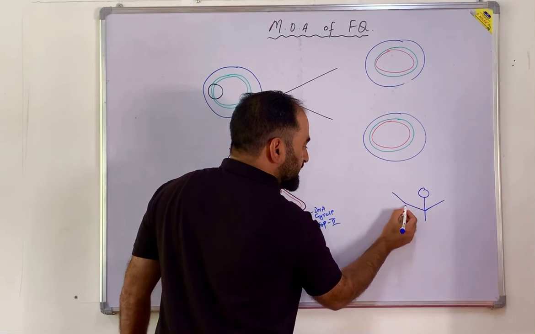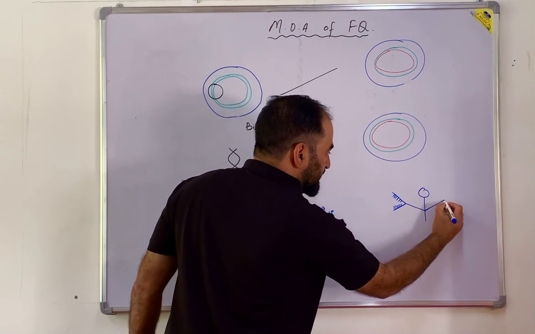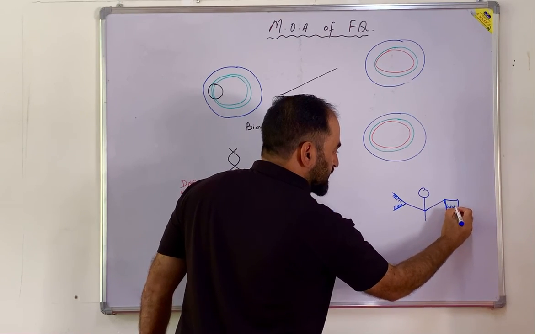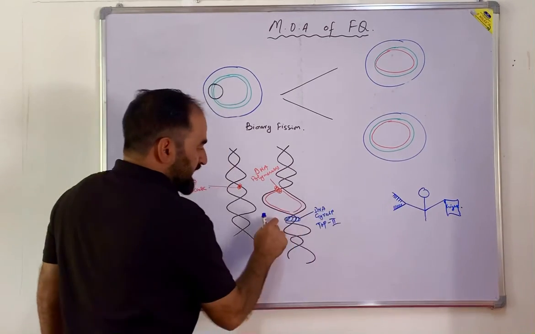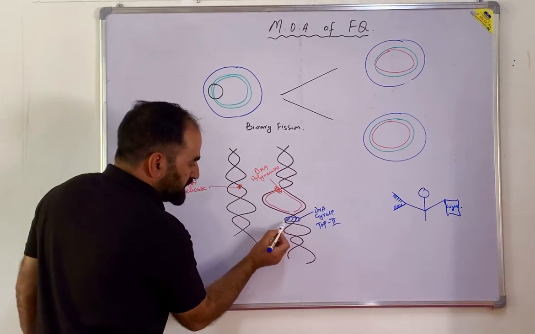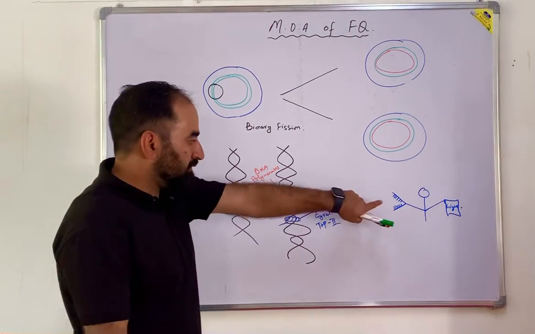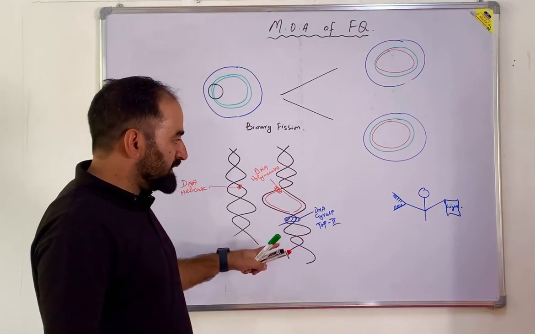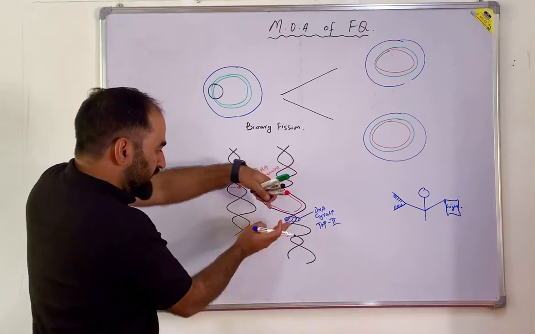One end has a cutter and another has ligase activity. It seals the thing. What the DNA helicase introduced, it cuts down one of the strands with the help of this cutter. It cuts one strand of DNA, and when you cut that one strand, it gets relaxed.